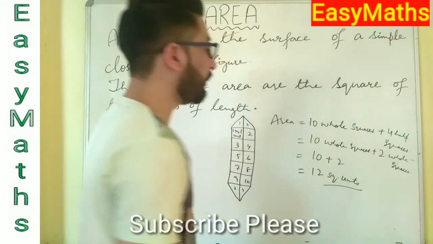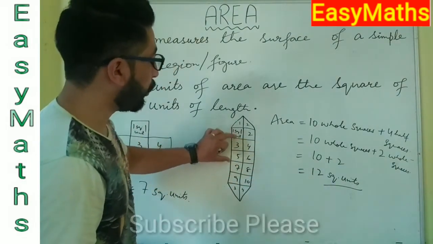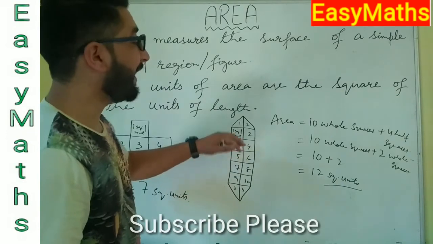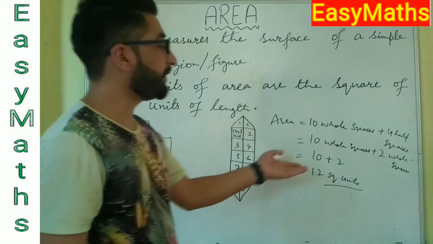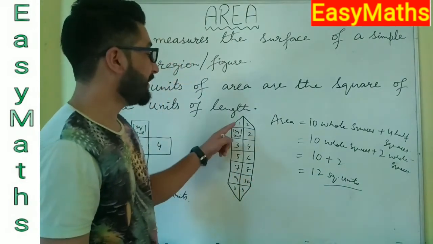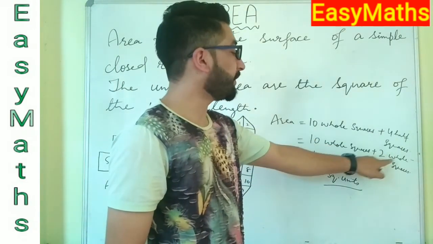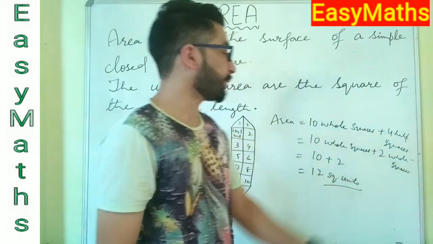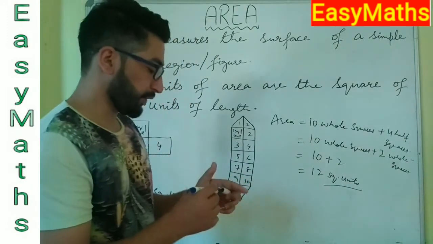So our answer will be 12 square units, as we counted all the full squares and then the squares which are half, and then we converted them into whole squares. That means we have 4 half squares here and we converted them into 2 whole squares. That means 10 plus 2 is equal to 12 square units.